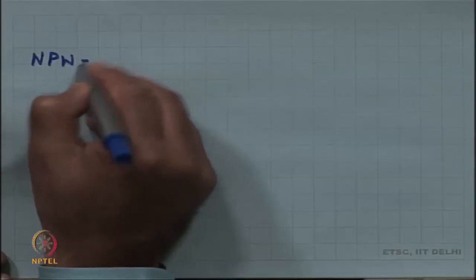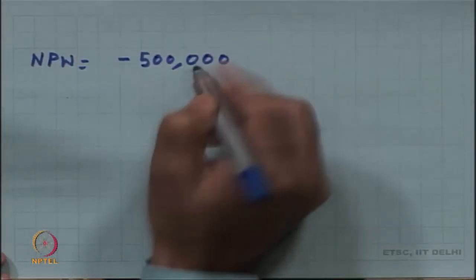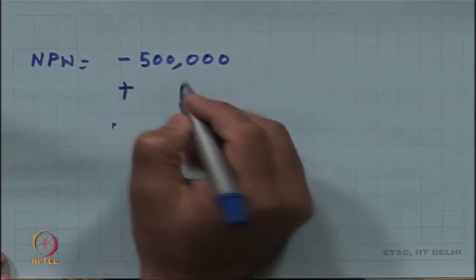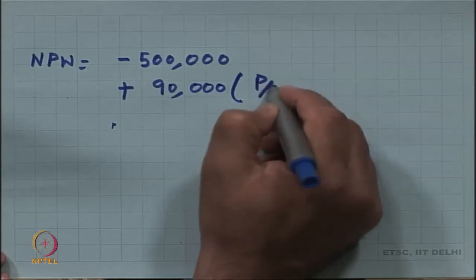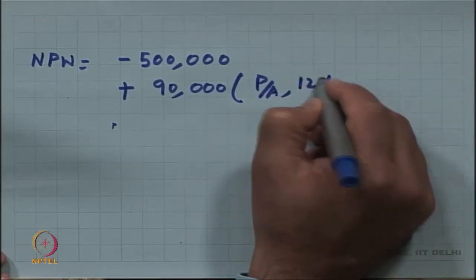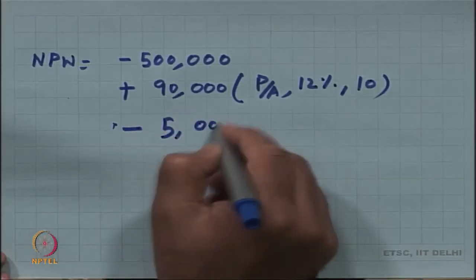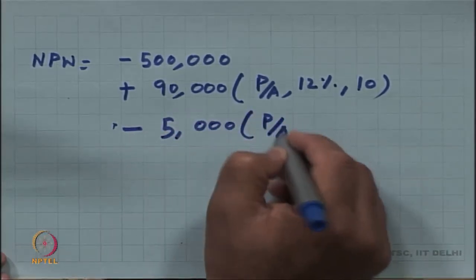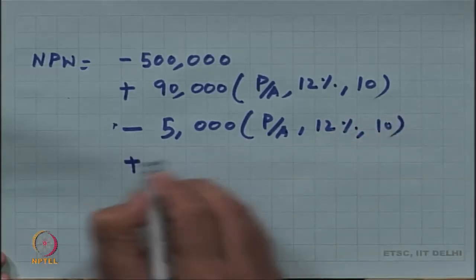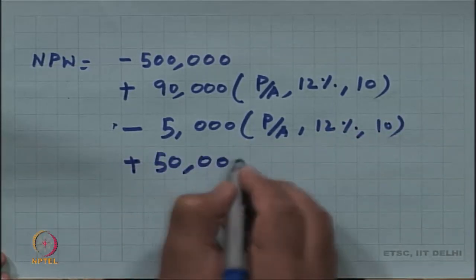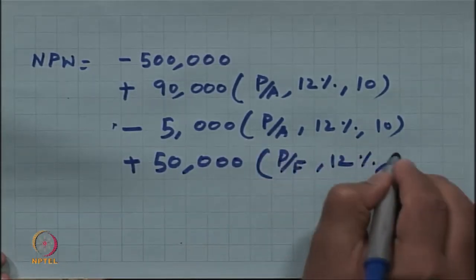I calculate net present worth like this now, it is minus 500,000, no change here. Now, instead of 100,000, now I am writing 90,000. Here again it is P given A 12%, 10, minus 5,000, this is outgoing, P given A 12%, 10, plus 50,000 which is salvage value, P given F 12%, 10.